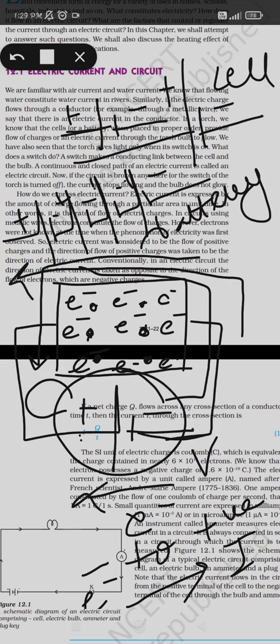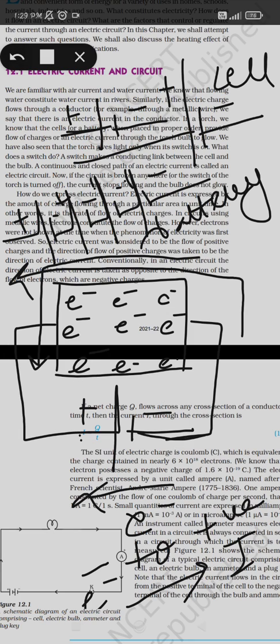So the current's direction is always opposite to the direction of the electrons, and electrons move from the negative terminal to the positive terminal, whereas the current moves from the positive terminal to the negative terminal. Got it? This is the circuit condition where we can see the conductor.